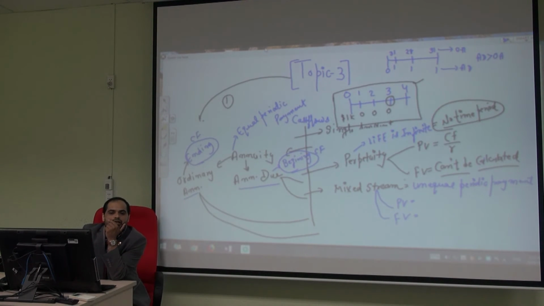First year is 1,000, second year is 500, third year is again 1,000. This is an example of a mixed stream, unequal periodic payments. In that case, we calculate the present value for the first year, then the second year cash flows, then the third year cash flows.